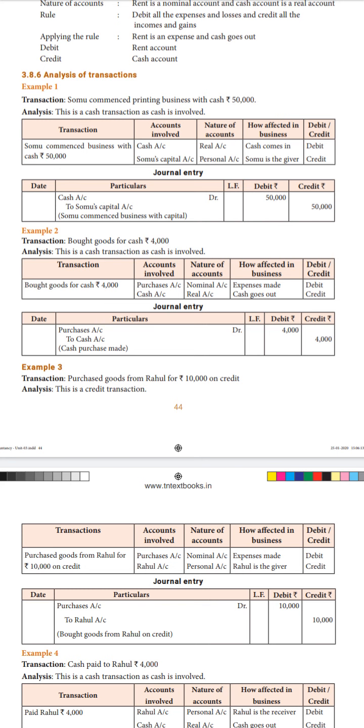Then in the debit column you write the amount exactly next to the purchases account, 4,000, and on the credit side, to cash account, on the same line in the credit column you write rupees 4,000.